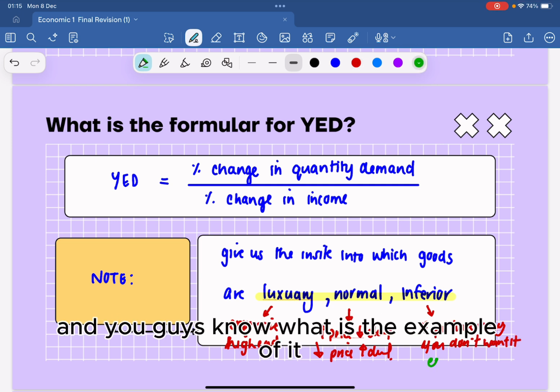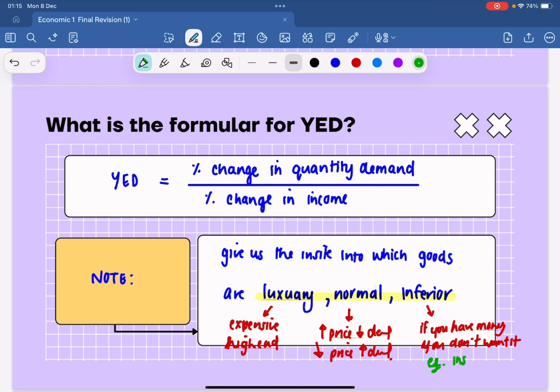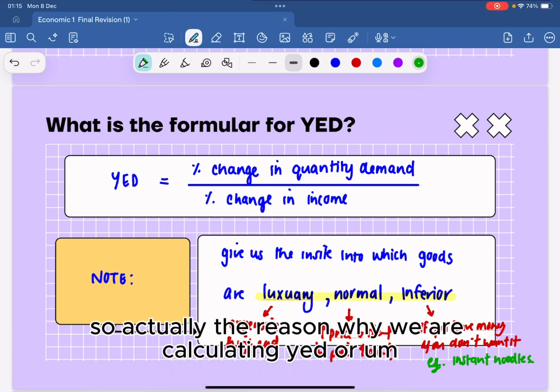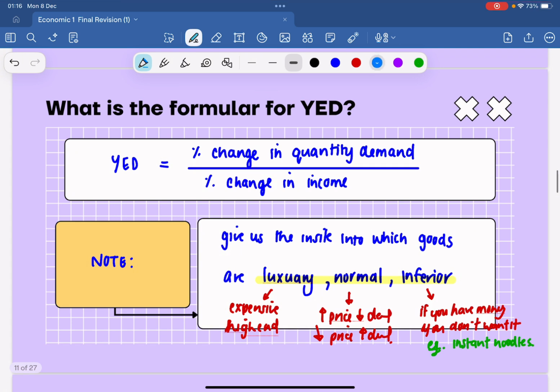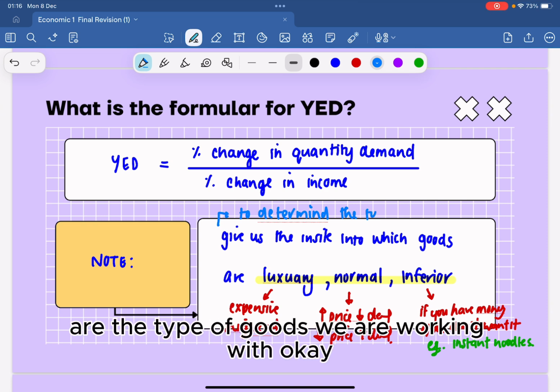You guys know what is the example of it? Instant noodles. So the reason why we are calculating YED, or the income elasticity of demand, is to determine the type of goods we are working with.